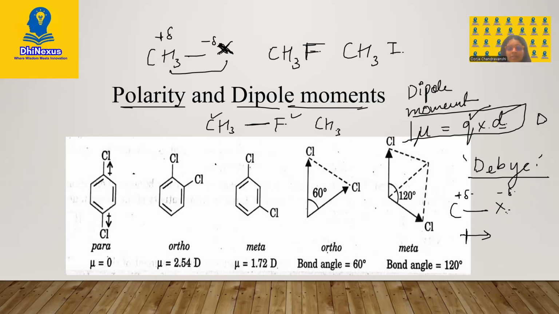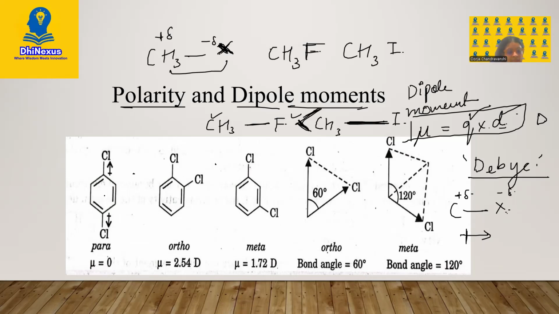But in the same case, if I have CH3I, the bond is going to be long. So since the bond is shorter in case of CH3F and it is a product of both Q and D, the dipole moment is higher for this.